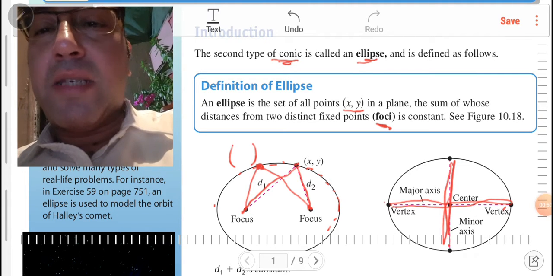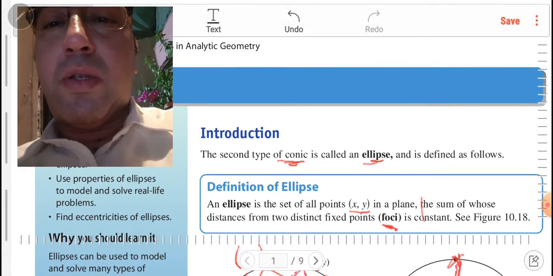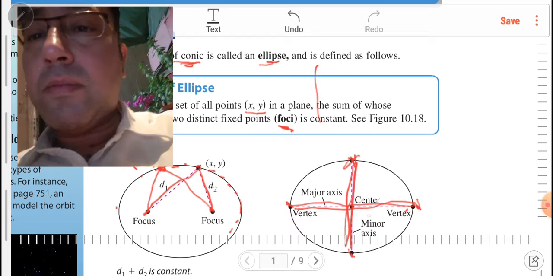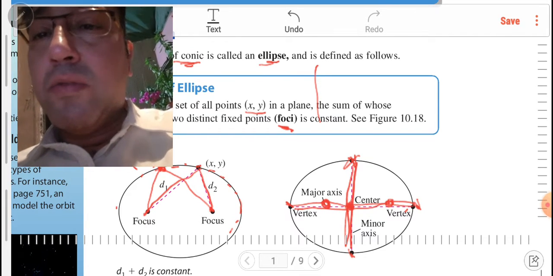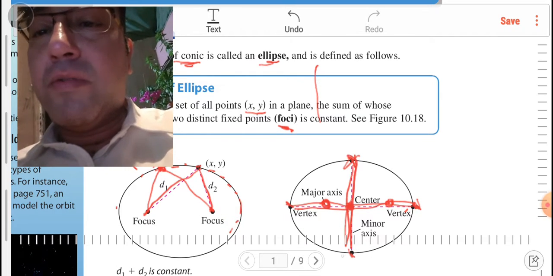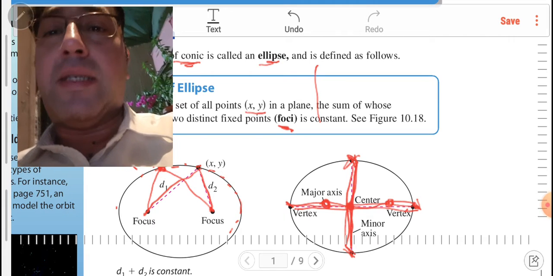The major axis is between the two vertices, and the minor axis is between the two co-vertices. One center, two foci, two vertices and two co-vertices, one major axis and one minor axis.